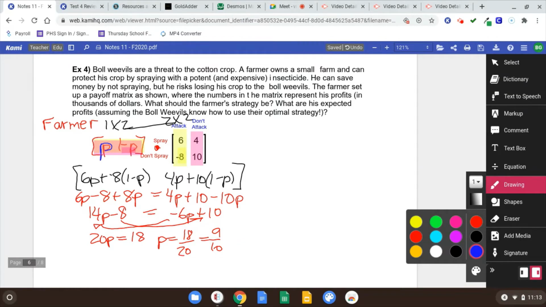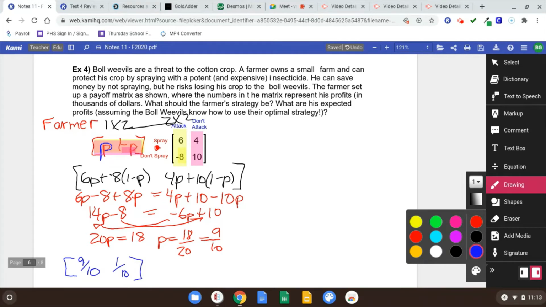So the farmer's optimal strategy should be 9/10 for the first row, or spray, and 1/10 for the second row, don't spray. He should spray with a probability of 9/10, or he should spray 9 times out of 10. So that's the farmer's strategy. What should the farmer's strategy be? There you go. Spray with 9/10 probability and don't spray with 1/10 probability.